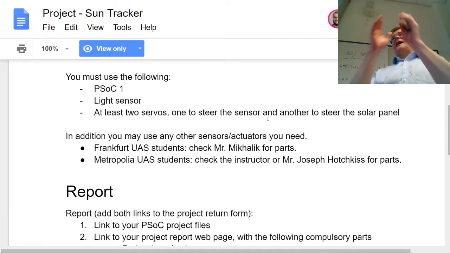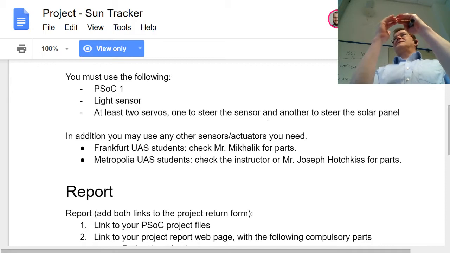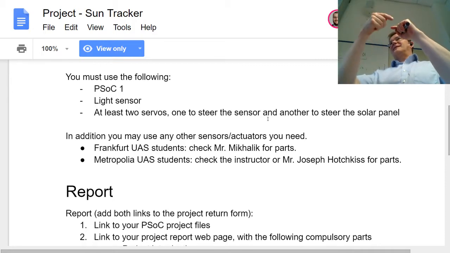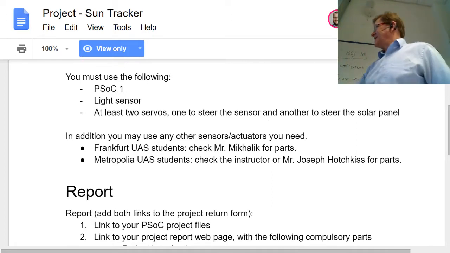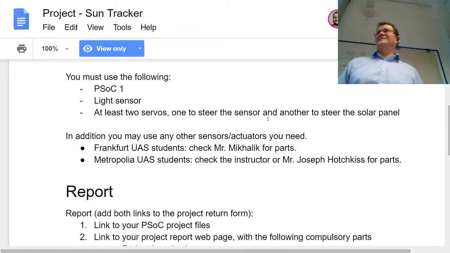In principle, if you had a kind of sensor dome or something like that on top of that one, then you could probably do it. Or a wide angle camera on this one, then that would also give you the brightest spots. But as I said, it's up to you to figure out how to do it.